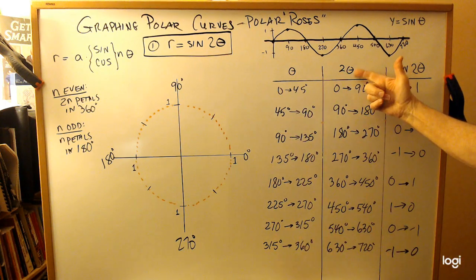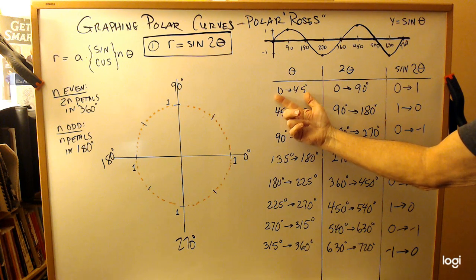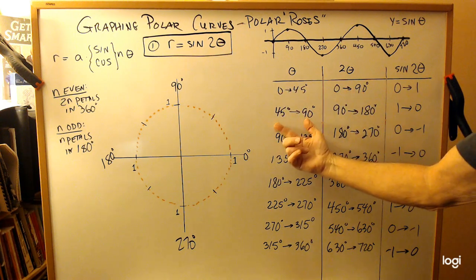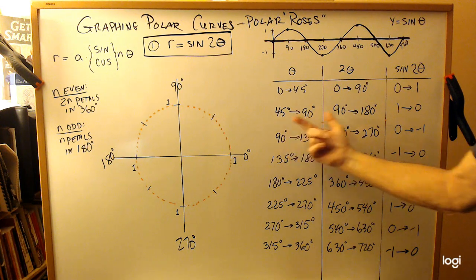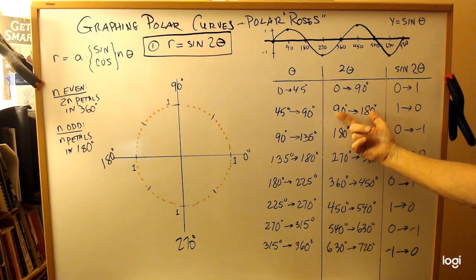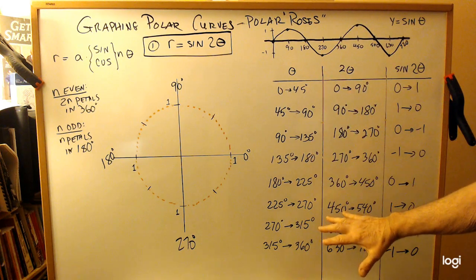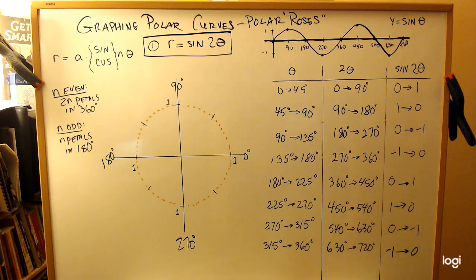And then 2 theta, if theta is going from 0 to 45, 2 theta is going from 0 to 90. If theta goes from 45 to 90, then 2 theta, I'm just doubling everything, goes from 90 to 180. And this entire chart will be up on Blackboard, so you can look at it now, but I wouldn't worry about taking notes.